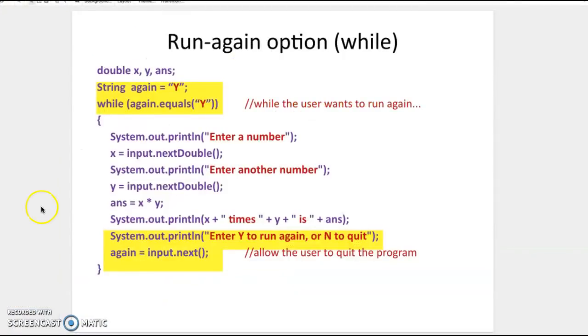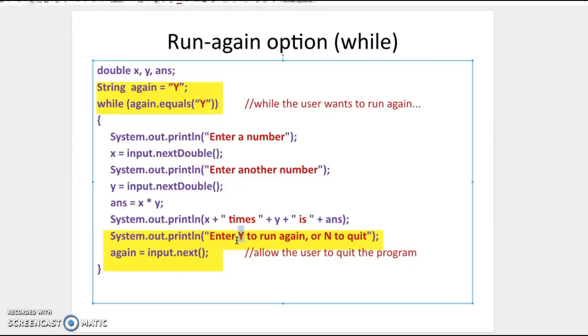And so here is an example where there's some code that's saying enter a number, enter another number, it's multiplying them together and giving the output. But now it's giving the user an option to keep running the program. So here is the while loop, and as long as the user is entering the letter Y, it's going to keep running the program.